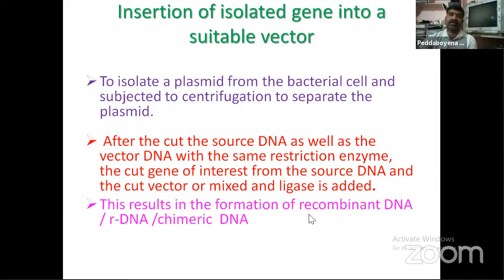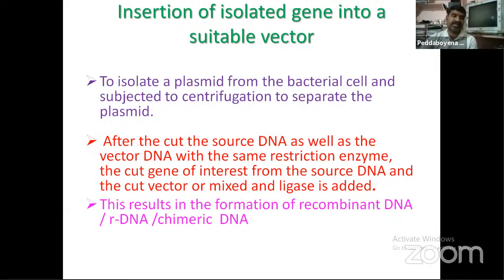So these are recombinants; that's why we call it rDNA. Chimeric DNA means a different kind. One is the source DNA fragment added with the vector DNA. Two are different: one is the source DNA, another is the vector DNA. These are foreign DNA plus vector DNA, combined in the presence of the ligase enzyme, meaning the ligation process.